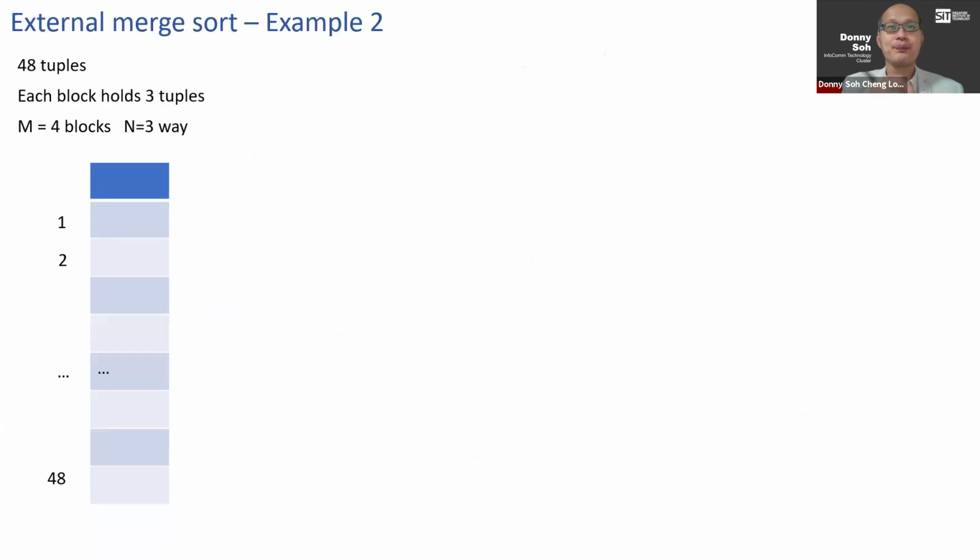I went through this last Thursday, so I probably won't go through this in that much detail. Let's look at the next example. I have 48 tuples. Each block holds 3 tuples. M equals 4. And so the memory can hold 12 tuples in total, 4 times 3.